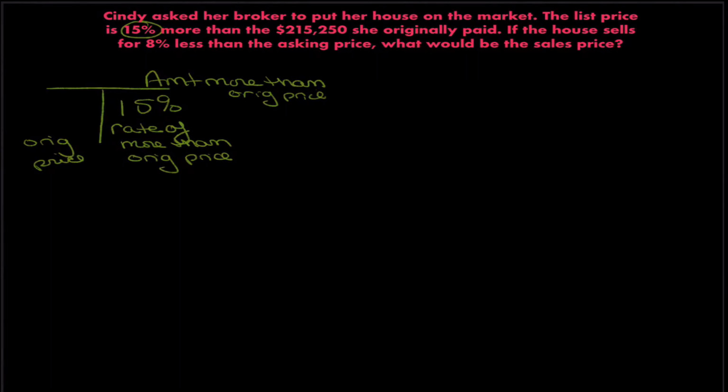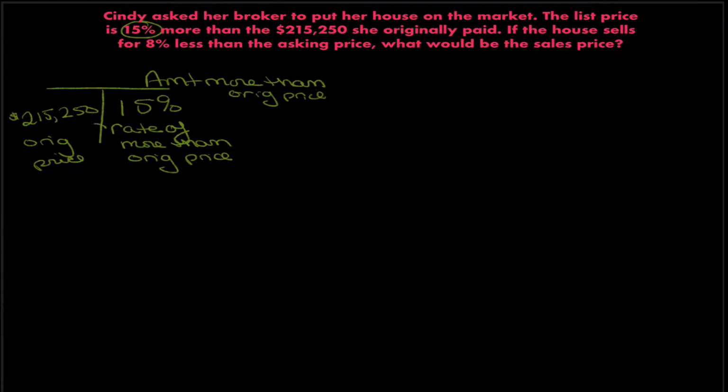So now that we've labeled everything, let's see which of these we can fill out. Well, we don't know the amount more than the original price, but we do know the original price. Cindy paid $215,250.